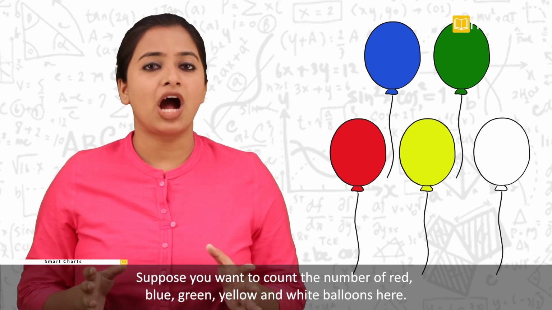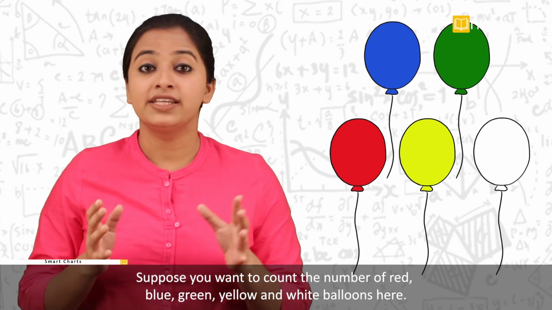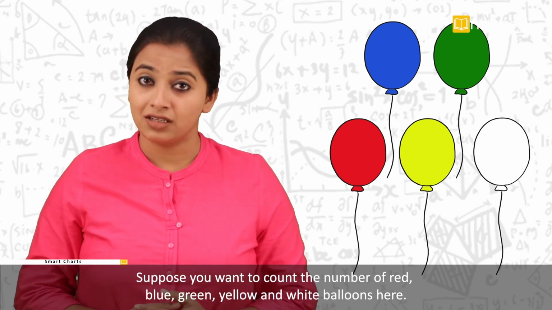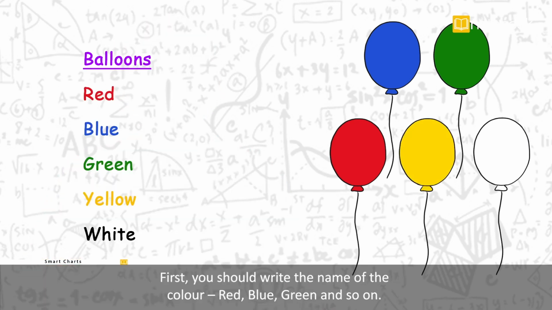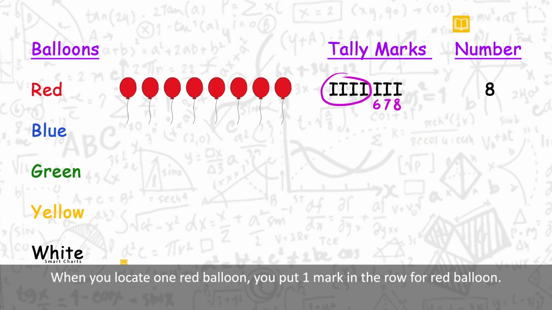Suppose you want to count the number of red, blue, green, yellow and white balloons here. First, you should write the name of the color, red, blue, green and so on. Then count and mark. When you locate one red balloon, you put 1 mark in the row for red balloon.